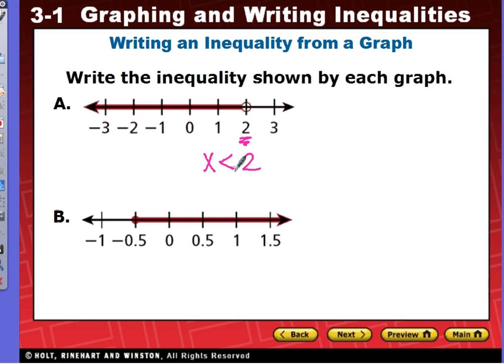It was an open dot, so plain less than. On the next one, our number is going to be negative 0.5, and we have our variable, and we're looking at numbers greater than or equal to, because it's a solid dot. And that's it. That's really all you have to do here, and I think that might even be the last slide. Let me double check.